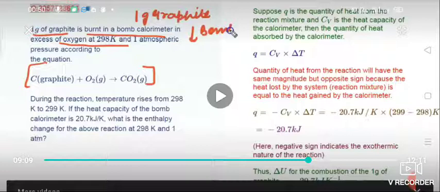Specific heat capacity is the quantity of heat required to raise the temperature of 1 unit mass by 1 degree Celsius or 1 Kelvin. Its unit is joule per gram Kelvin.